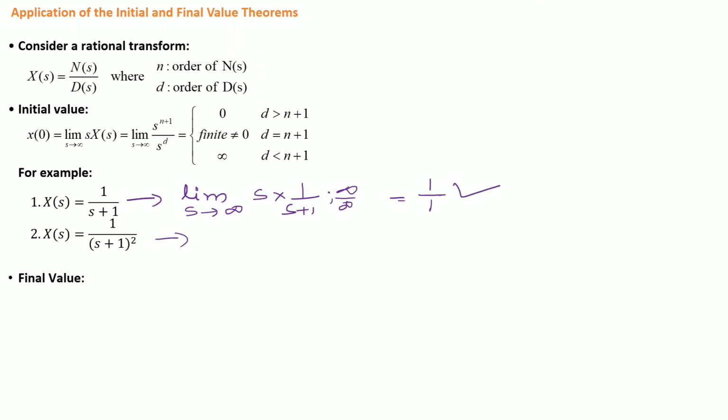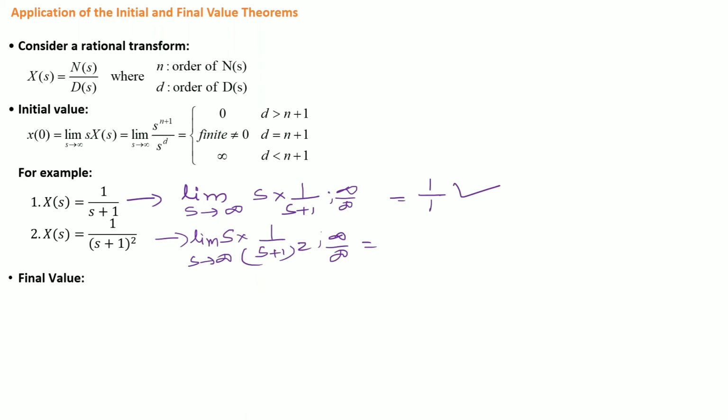Similarly, for this function we can try s multiplied by 1 divided by (s plus 1) squared, and its limit as s tends to infinity. It's infinity by infinity. By differentiating one time, we will have 1 on the numerator and a degree 1 term in the denominator.